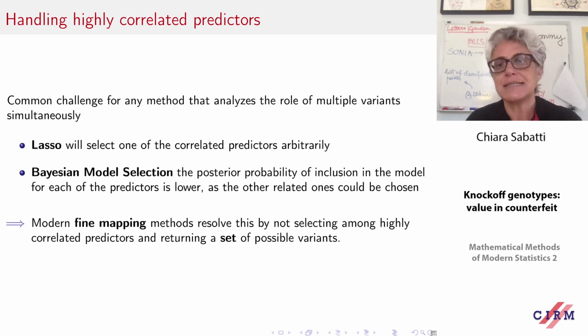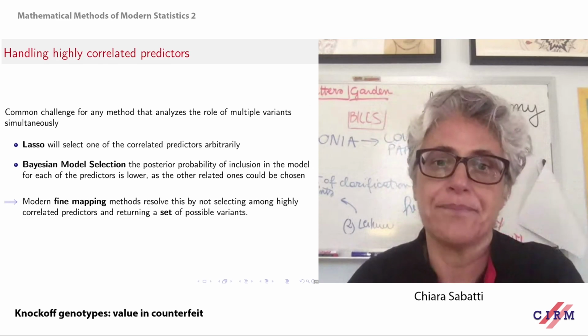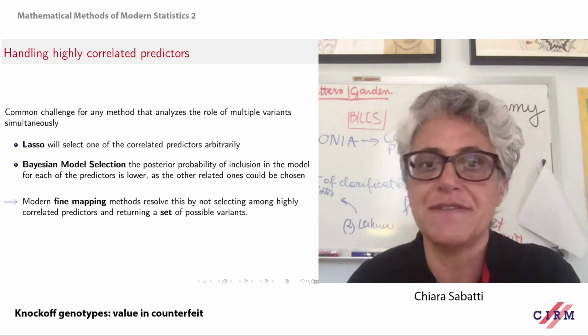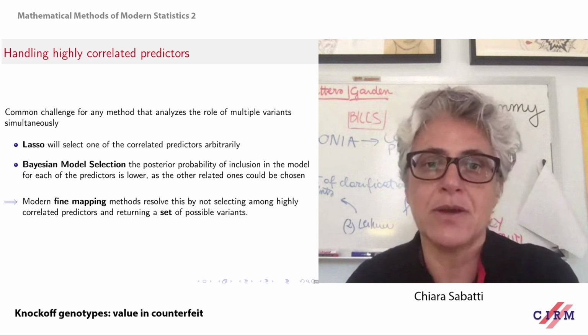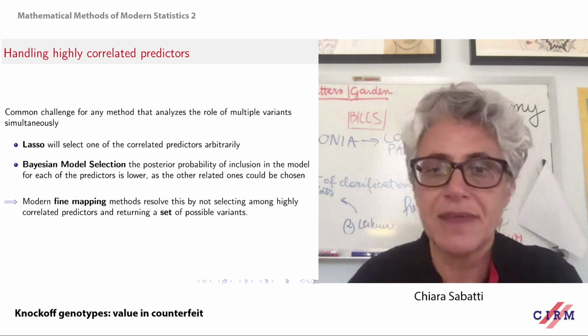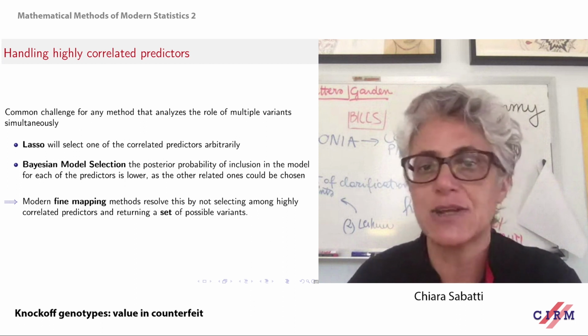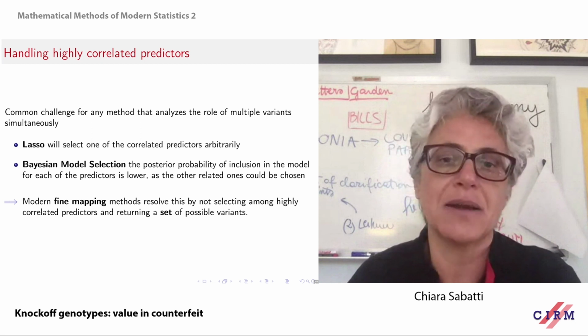As I mentioned, it's a problem for any type of multivariate model. Those of you that have worked with the Lasso will probably be familiar with the fact that sometimes it selects one of the correlated predictors arbitrarily.